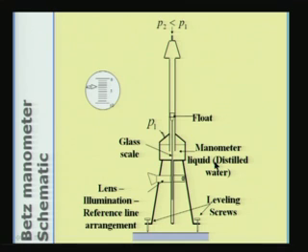I am going to use distilled water, and there is a tube sitting in the middle of that. The space above the well is connected to the higher pressure P1, and the space above the column in this vertical tube is connected to the second pressure, the lower value.